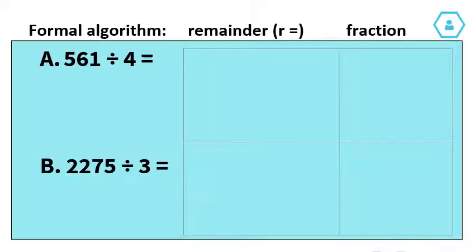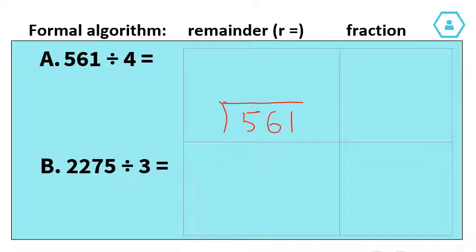So to start off with, let's look at our formal algorithm for division. This is just another way of saying our bus stop method. An algorithm really is a process to achieve an outcome. So let's say we make our bus stop like this. And we put our dividend, which is the number we're dividing, in the bus stop here.